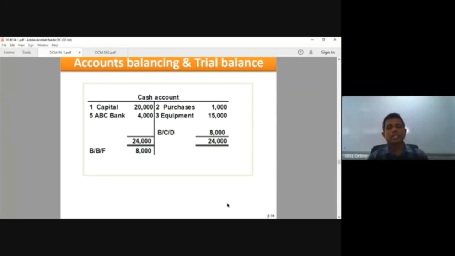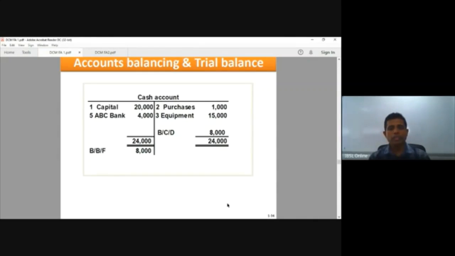The same balance has to be repeated on the debit side. When you have a balance carried down on the credit side, balance brought forward will be there on the debit side. Normally, we refer to the balance of an account as the balance brought forward amount.